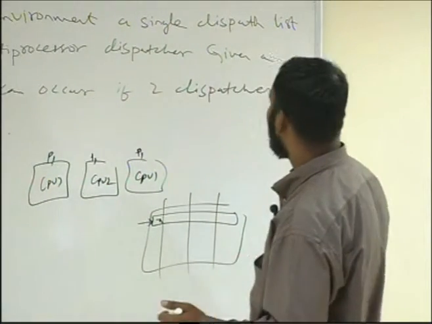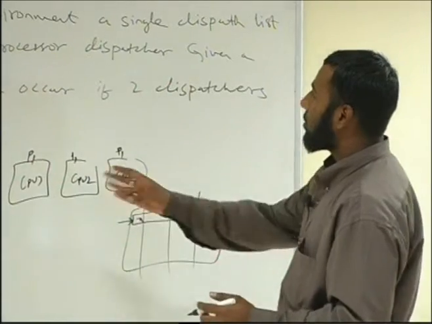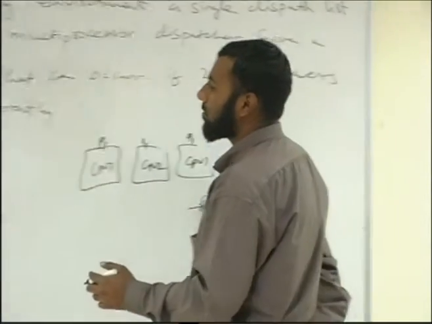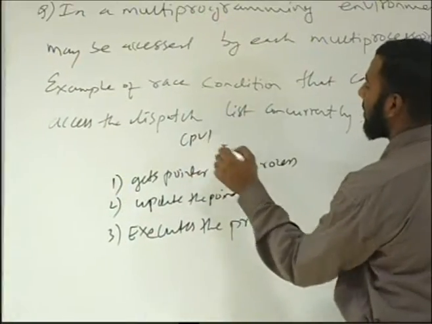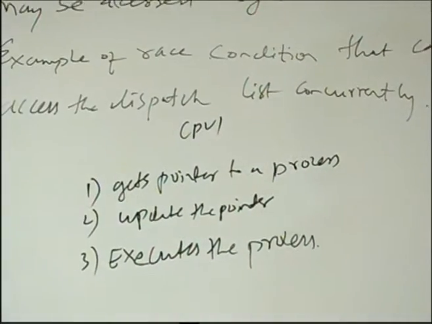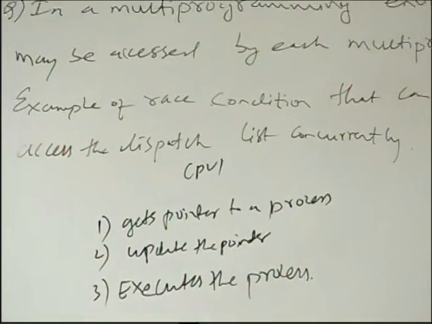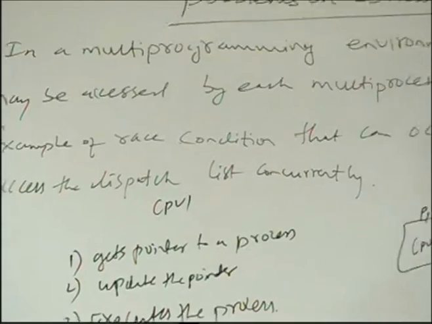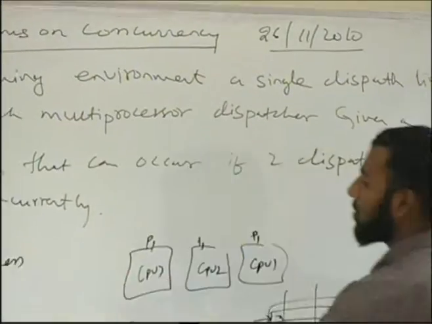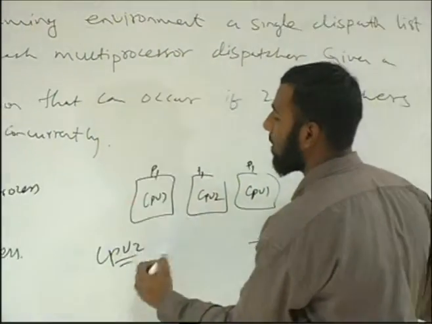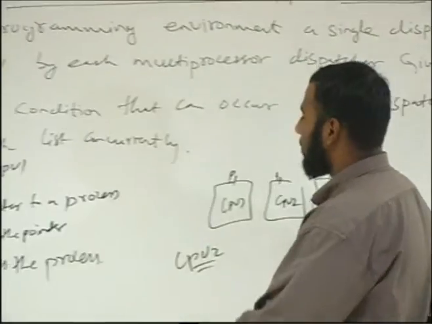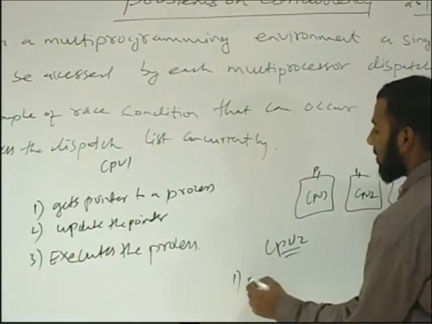Now let's see the situation in which it happens. For example, this is CPU 1. I'll just discuss it for two CPUs, and we can extend the same concept to three CPUs as well. This is CPU 1 and this is CPU 2. So assume that both of them are executing instruction 1.